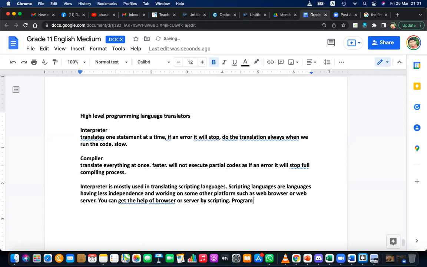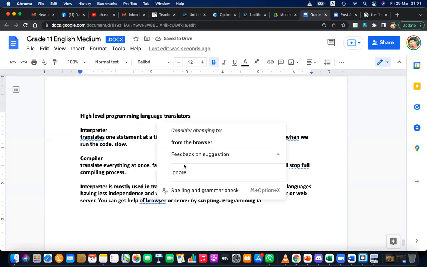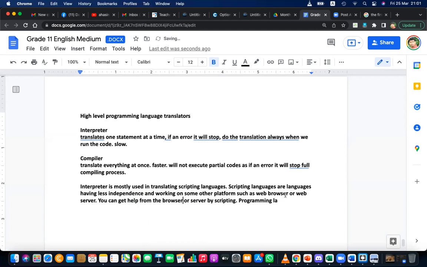Programming languages are more independent and run on their own platform.